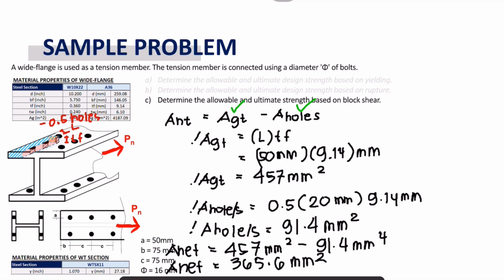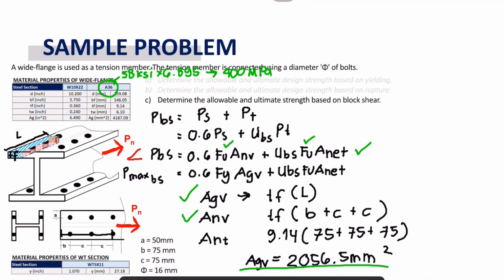So, meron na tayong lahat ng area, no? So, going back to our working equation. Meron na tayong area gross ng shear, area net ng shear, at area net in tension. No? So, ngayon, ang kailangan na lang ay yung ating factor for block shear. So, saan ba makukuha yung factor for block shear?